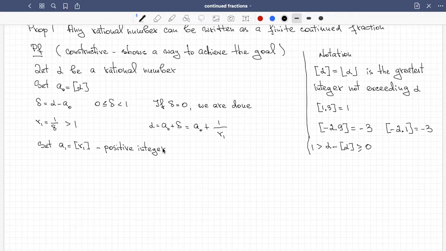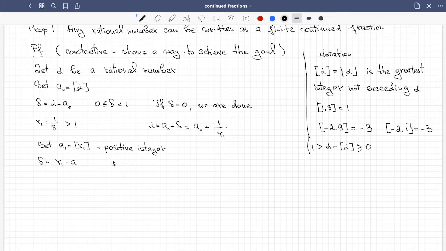So integer part of a number bigger than 1 is a positive integer. Again, we introduce the same game. Now our next delta is R1 minus A1.